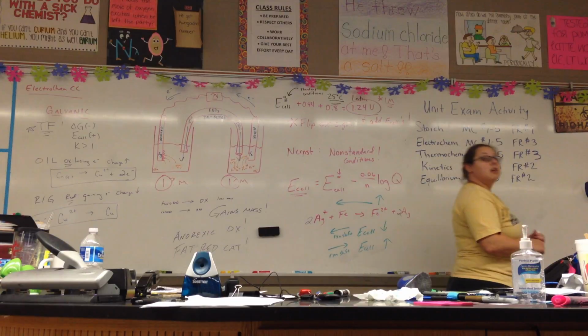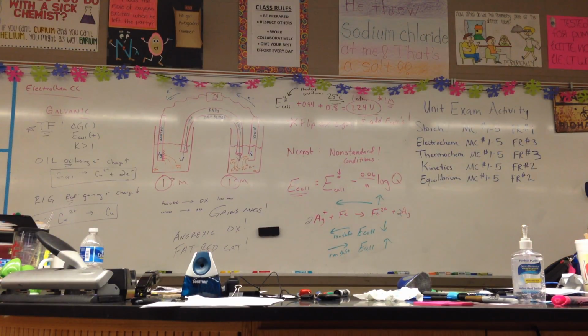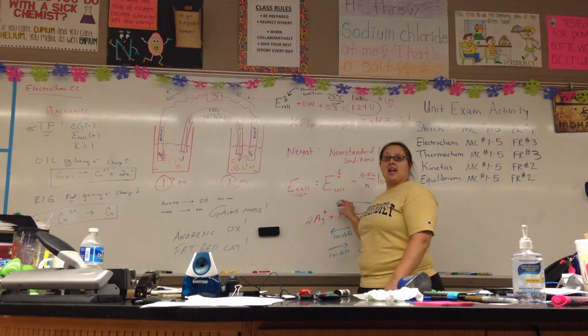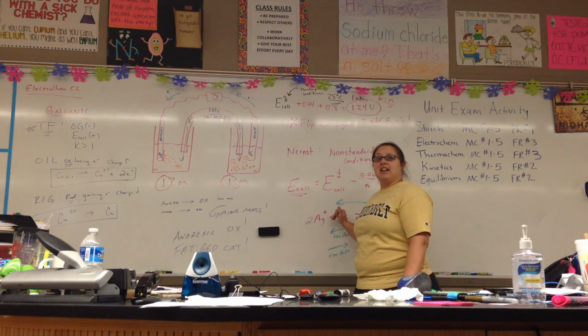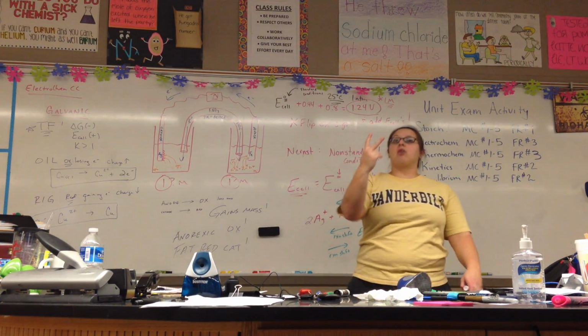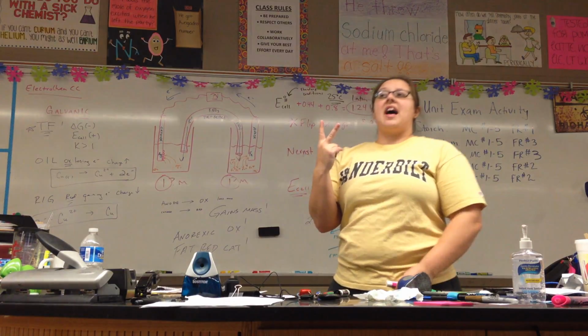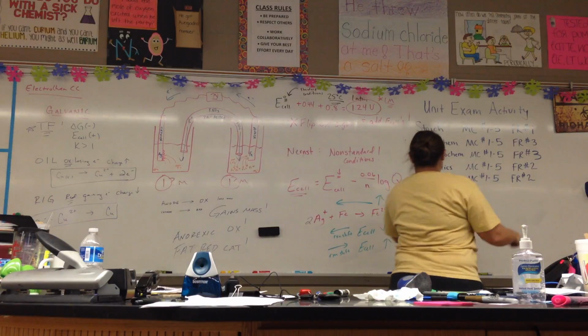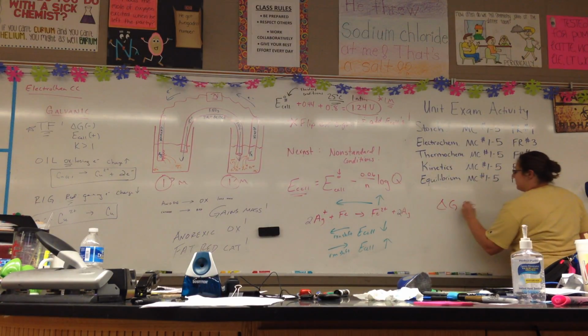So what would your total moles of electrons transferred be? A very good question. My total moles of electrons would be whatever's balanced on that bridge. You see how we had 2 on both sides? 2 would be my total number of moles. So it's whatever that common number is between them. And that goes into delta G equals negative nFE.